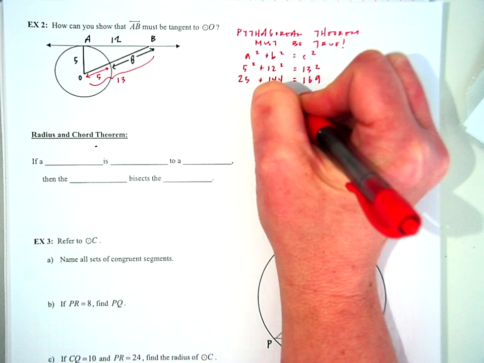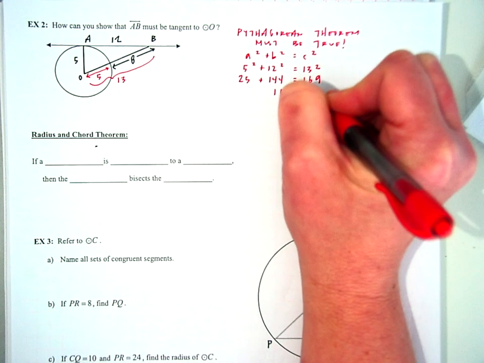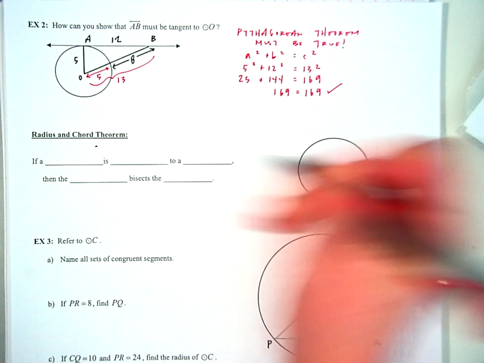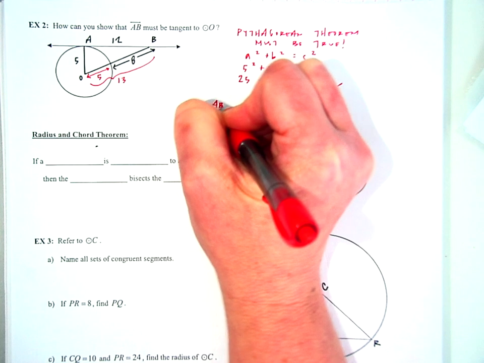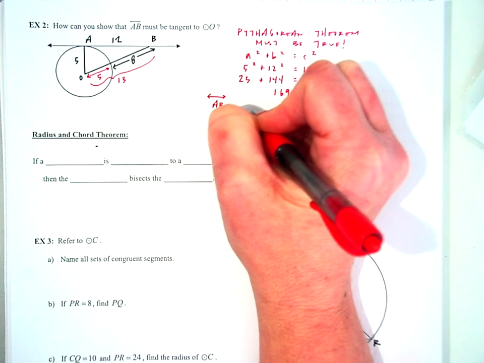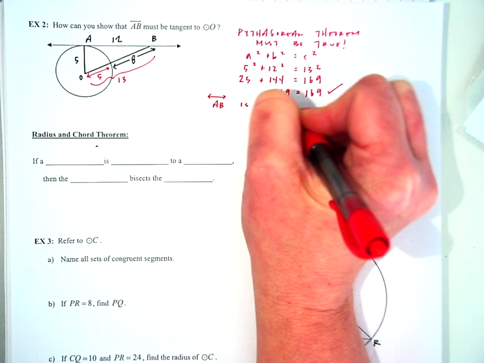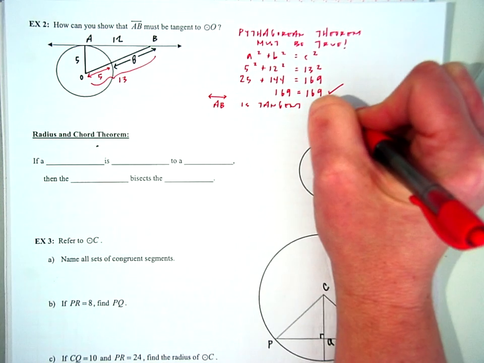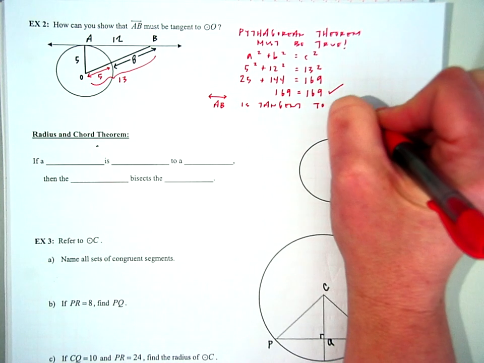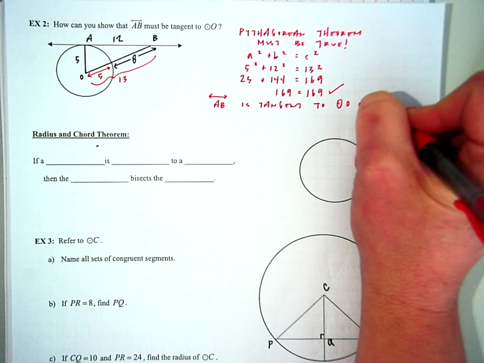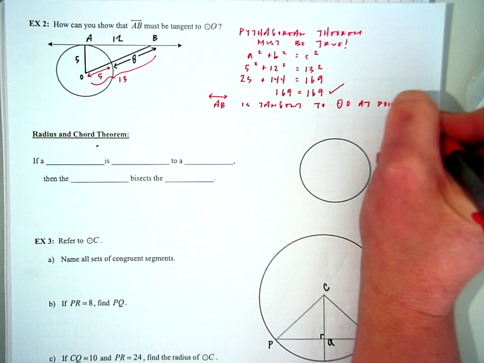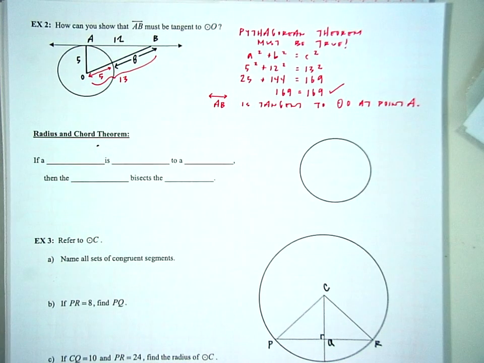Well, absolutely. 169 is equal to itself. Check. So here we're just confirming that line AB is tangent to circle O at point A. Right? We've verified that there's that perpendicular relationship between the tangent and the radius.